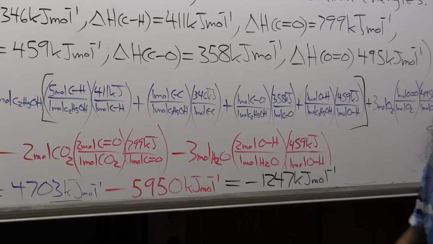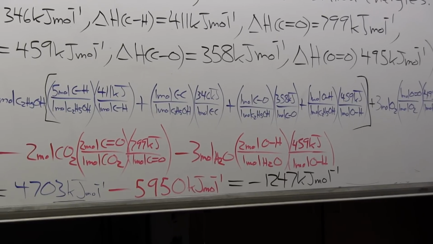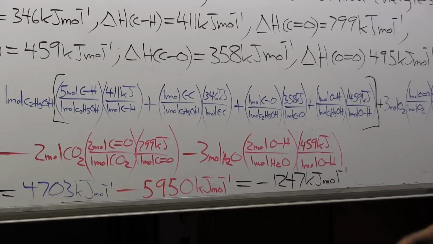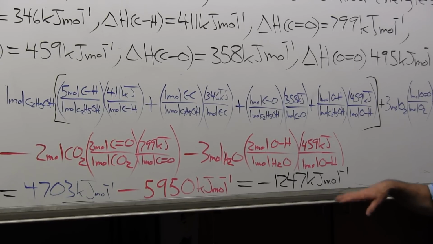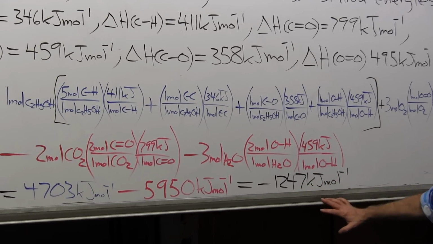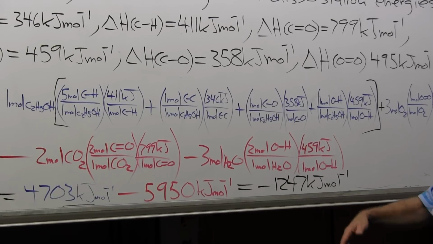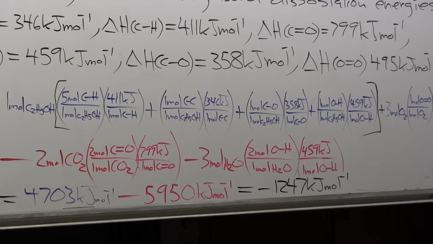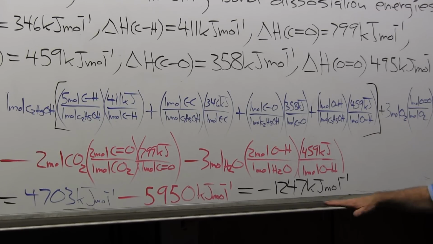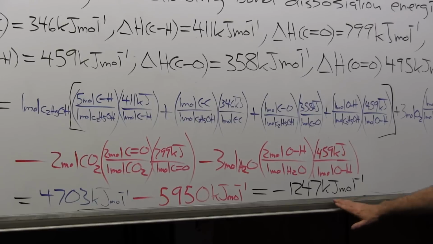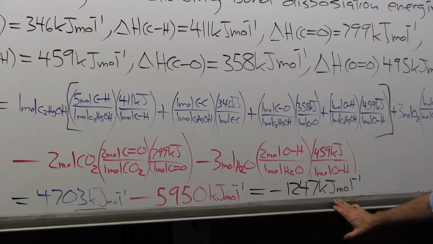So the last part, the calculation, is a trivial part in terms of the number of points I'm going to ascribe, as long as you clearly have your setup, even if you make a mathematical error like you saw me make earlier when I failed to include one of these. If you have the setup, that's what I'm really looking for, but the last part includes it, and this is indeed an exothermic process, which you'd expect.